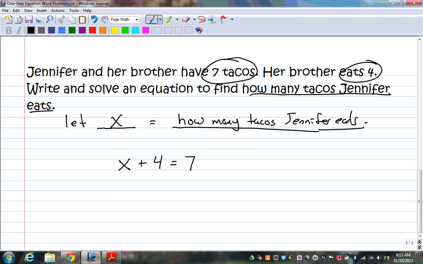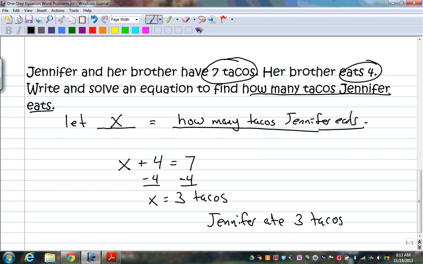If you were to solve it then, minus 4, x is equal to 3 tacos. And again, when you would answer this word problem, you would look up at your let statement and say, oh, I would answer it by saying Jennifer ate 3 tacos.